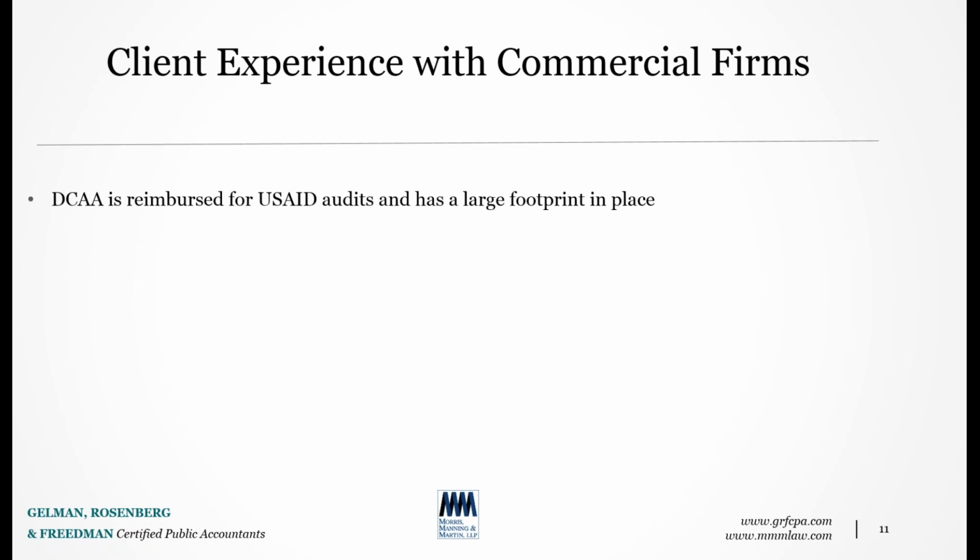So like I said before, DCAA is reimbursed by USAID, but let's face it, DCAA is everywhere. They're even overseas, in Germany and around the world, and they have quite a bit of footprint. You try to compare that to a commercial firm that's just doing maybe a certain area or region, or however USAID wants to use them, it's a little bit different. Their resources are quite limited. It's probably some kind of fixed price or fixed rate contract, so there are limitations.